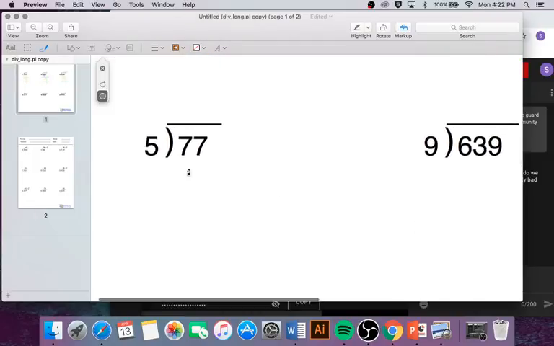Down here, we have 77 divided by 5. So the first thing we're going to do is see how many times 5 goes into 7 without going over, and that is 1. 1 times 5 is 5. And then we subtract. 7 minus 5 is 2.